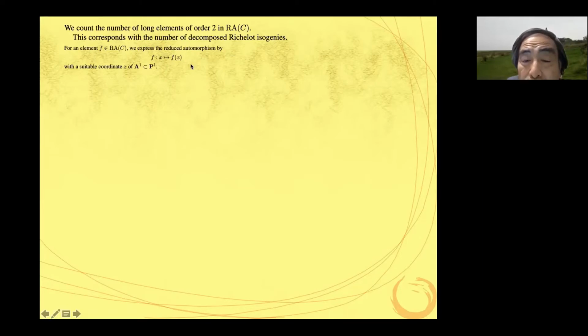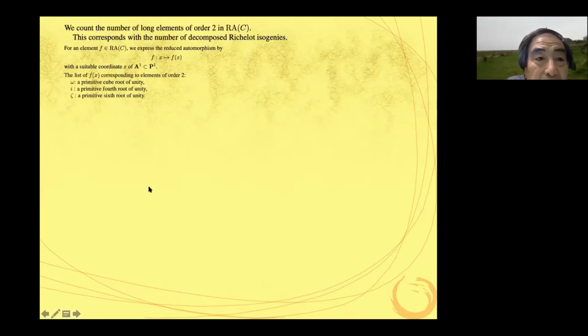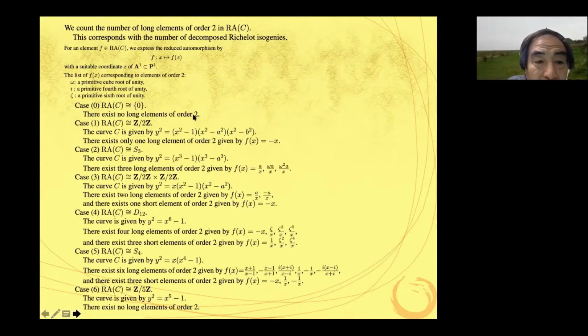The reduced automorphism group is an automorphism group of P1, so we can express it like this, and X is a suitable coordinate of A1. And we use such notation, then we can list all the elements of order 2 for each case like this. This is just a list, and we need to compute very concretely, and we get such a list.